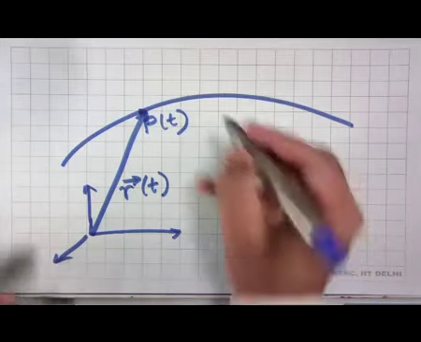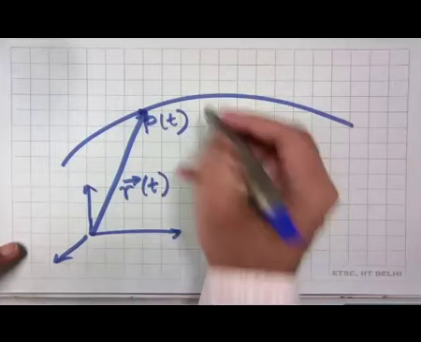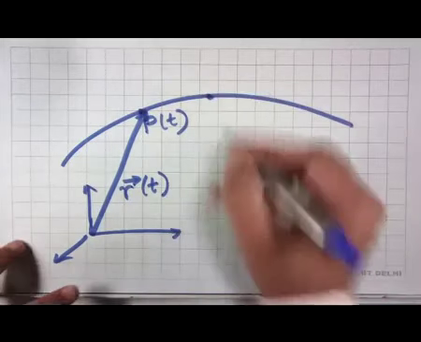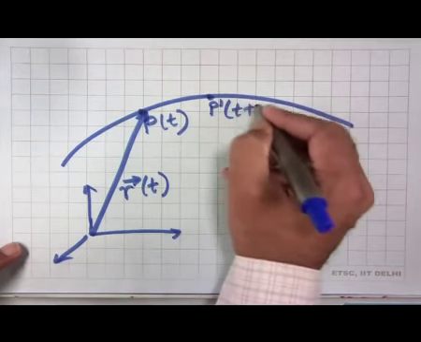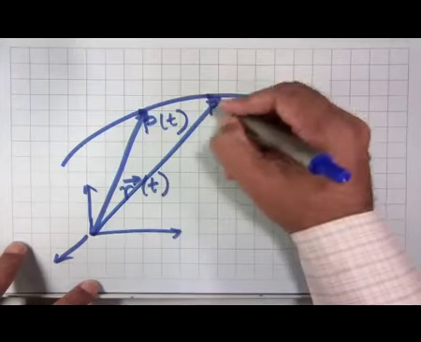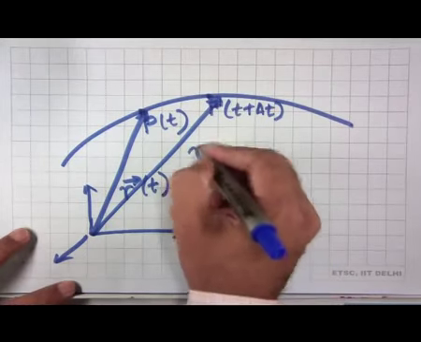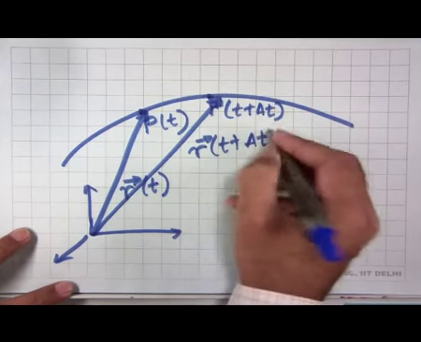At a time t plus delta t, that means at a time delta t later, the particle reaches the position P prime, which we denote as P prime at t plus delta t, and the position vector here is given as r at t plus delta t.